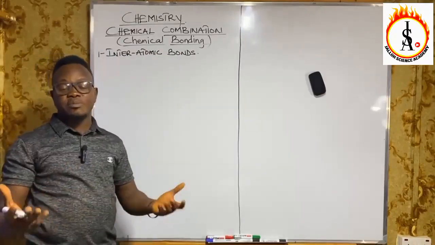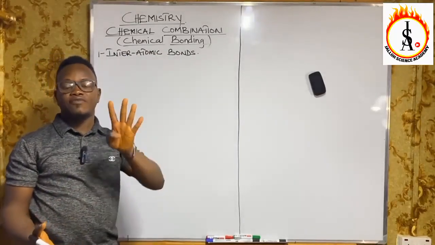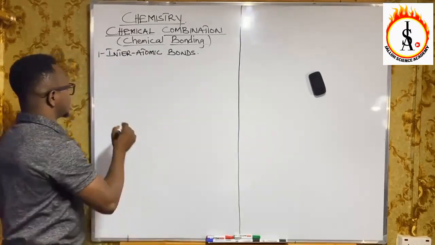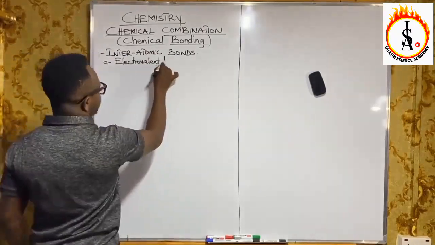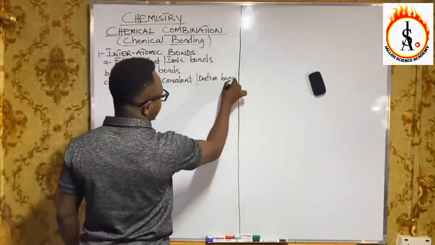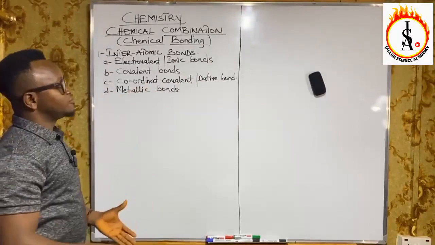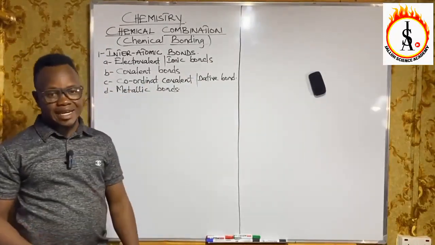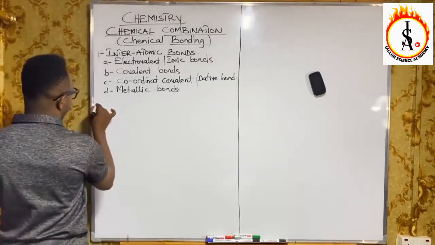In interatomic bonds, there are four types of bonds that we are going to look at. So these are the four types of bonds that we have under interatomic bonds.